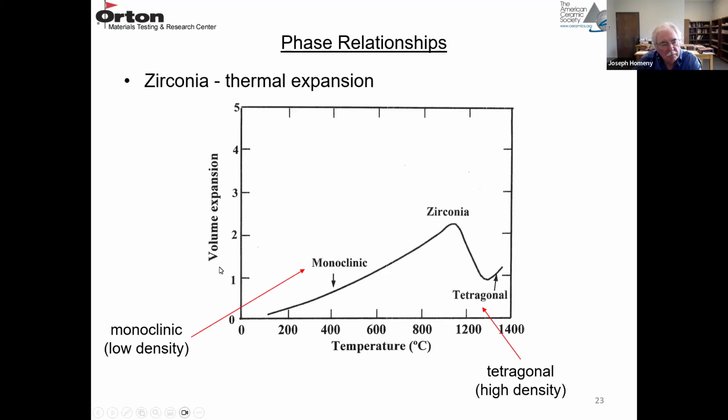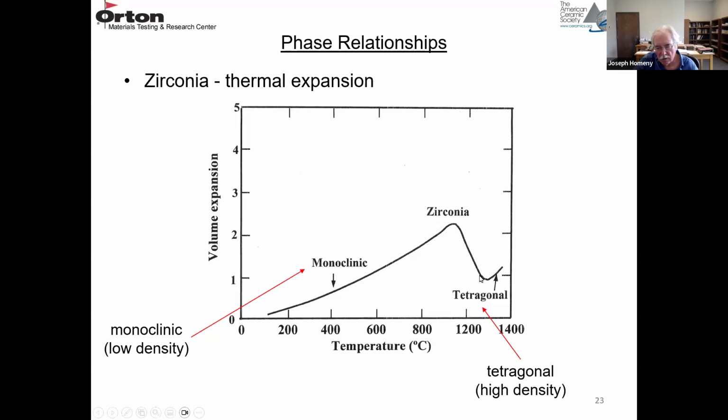So this is the expansion. This is volume expansion versus temperature. So as you heat the material, you're in the monoclinic phase region. So you have your normal thermal expansion behavior. But then when you get about 1100 degrees C, you have this phase transformation from monoclinic to tetragonal. And so there's a volume decrease because you're going from a low density monoclinic material to a high density tetragonal material.